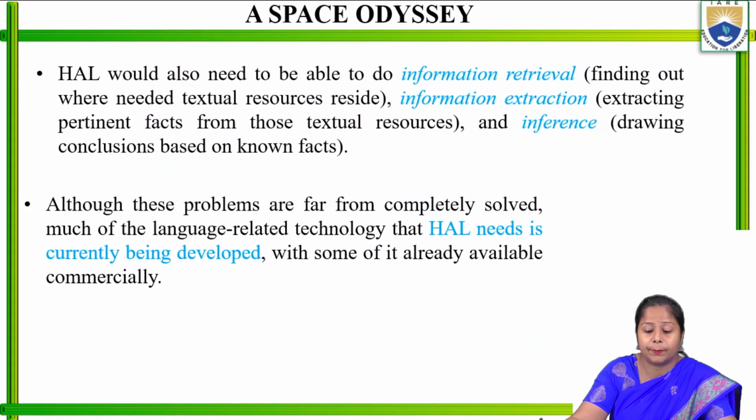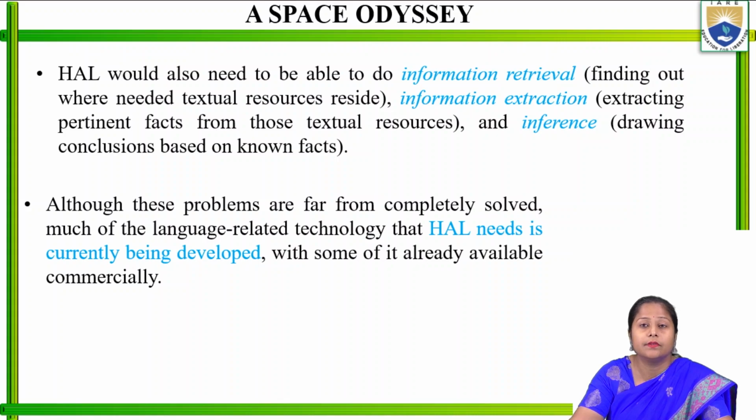And inference is drawing conclusions by rules based on the known facts that come in as input and are given as output. So these were the few capabilities in Odyssey: information retrieval, information extraction and inference.